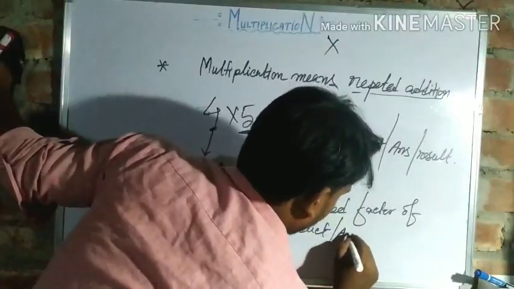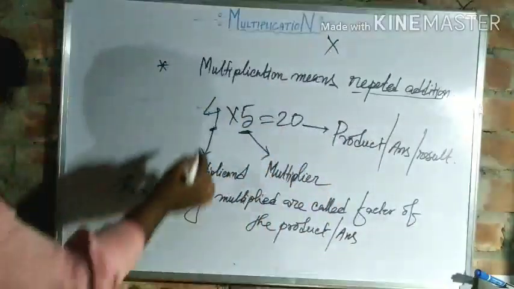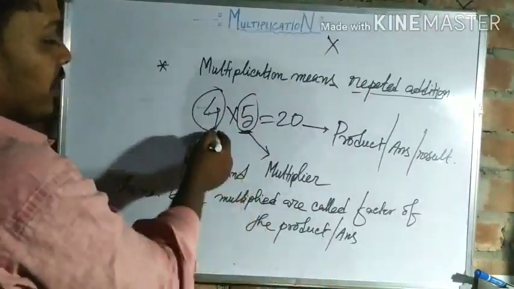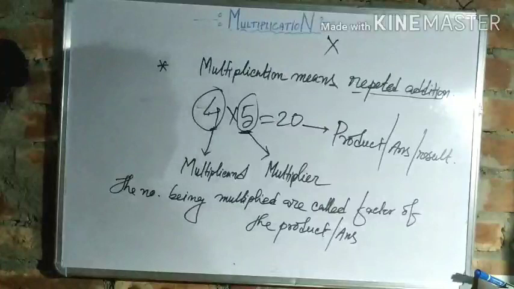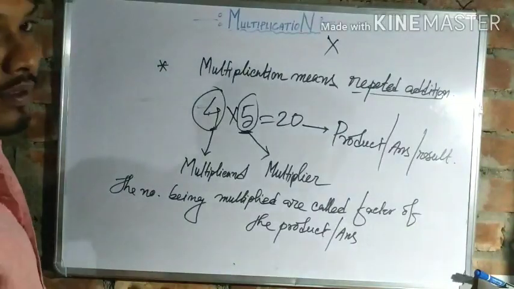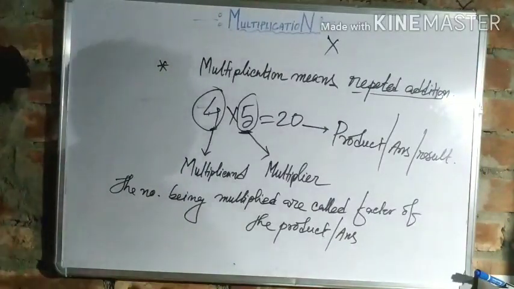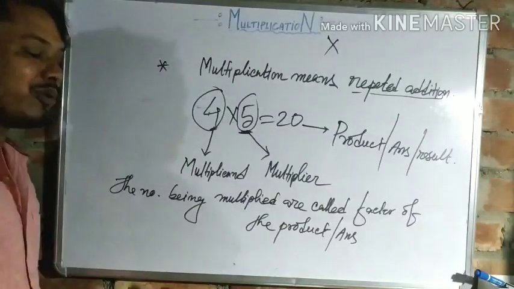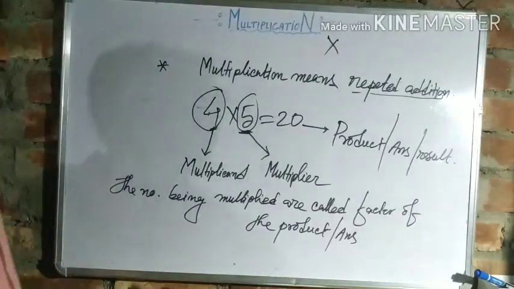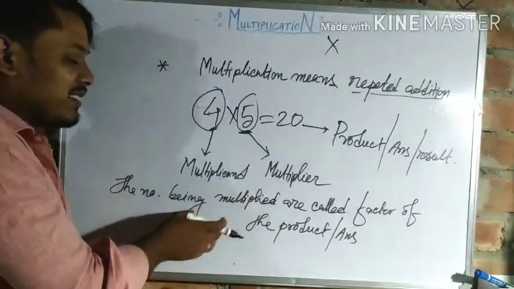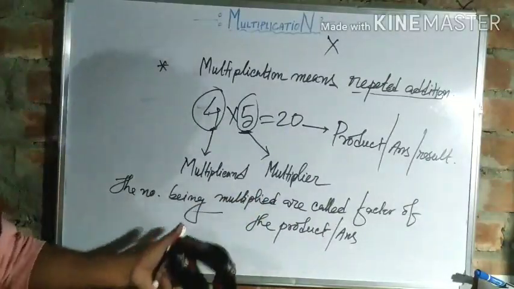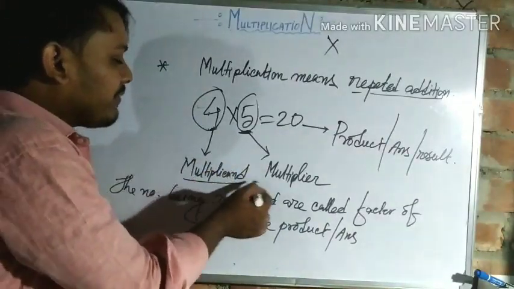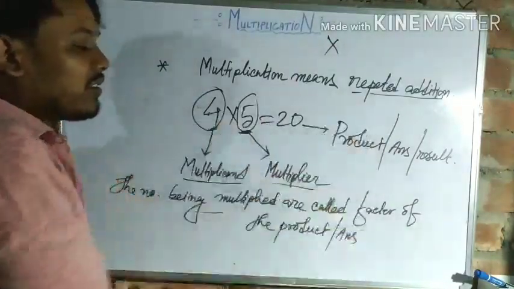So 4 and 5 are called the factors of 20. In the next class, or later in class 4, you will learn about factors, and that time you can use this concept. So if we multiply, the multiplicand and multiplier are both factors of the product.